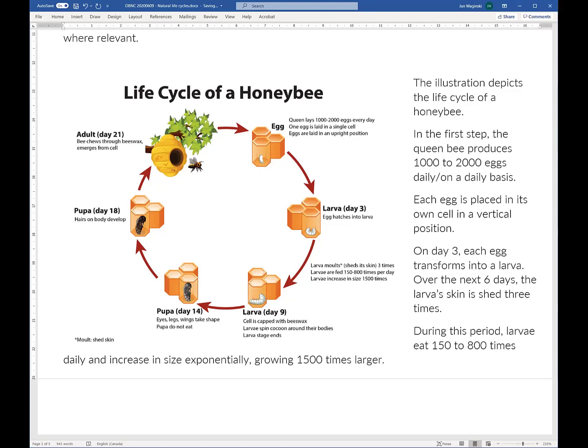We can say larva weight increases 500 times. I assume that's true, but it doesn't say, it just says size, not weight. So that's not necessarily the same thing, right? We don't know that. It's probably true, but we don't know.